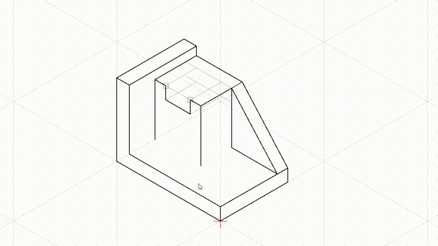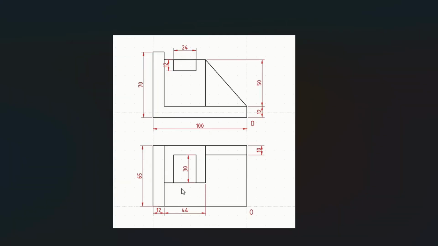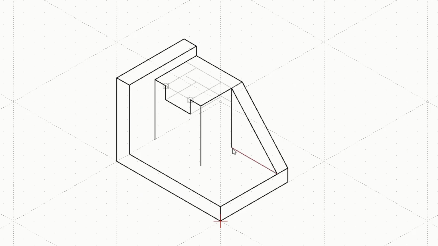Okay, so these are the vertical lines. In addition, to complete the top part of the base plate, we need to draw a line from this point to this, and to this. Let's draw that. Okay, so with this, our construction on the base side is completed.